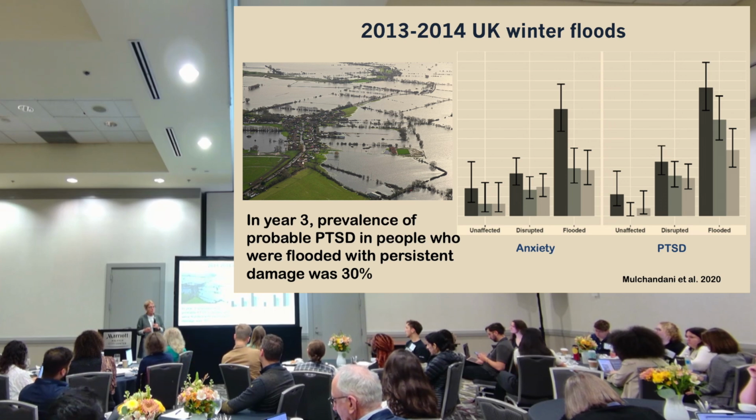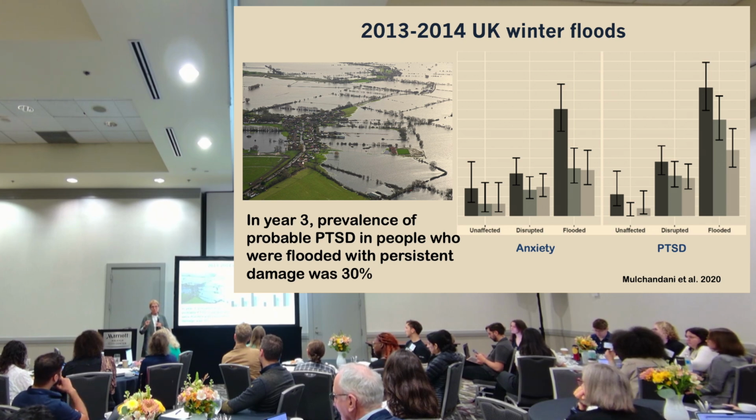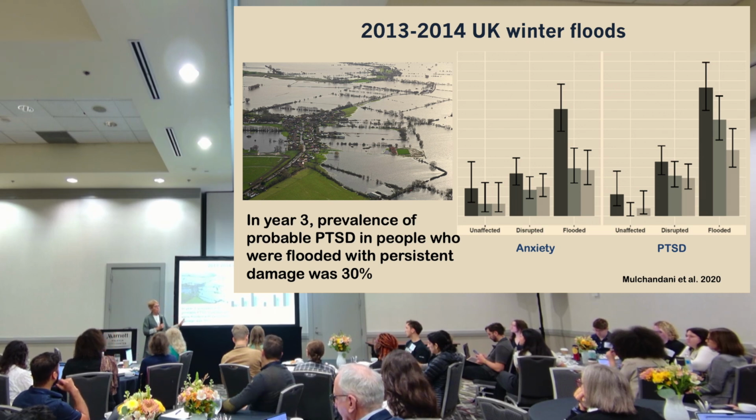The first is it's unusual in health to separate out the exposure and the vulnerability, that usually those are conflated. But in this case, the author has separated out people who lived in a residence that was disrupted, so the floodwaters came to the front door but didn't go inside, versus a residence that was actually flooded, versus people who lived in a residence that was not affected at all.